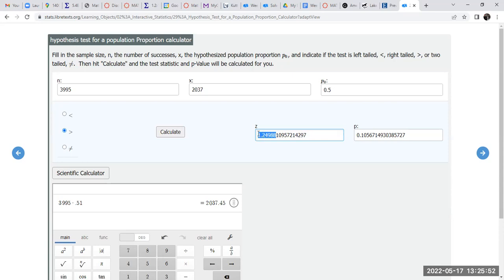So remember, we're looking at the 0.51 as our sample proportion. Oh, I got it. Yeah, so 0.51 compared to 0.5 has a z-score of 1.2 or so. That's what that means.